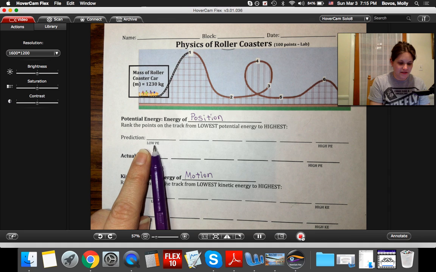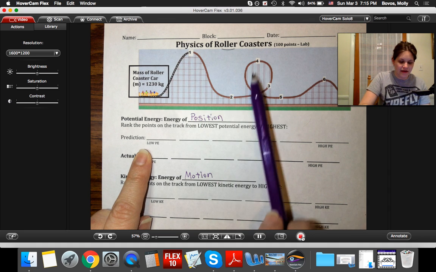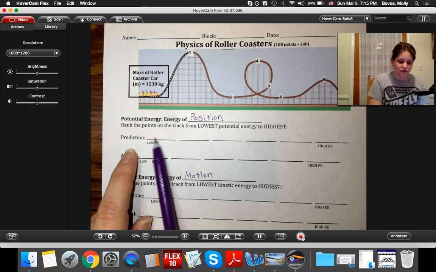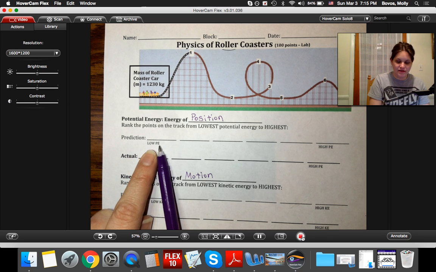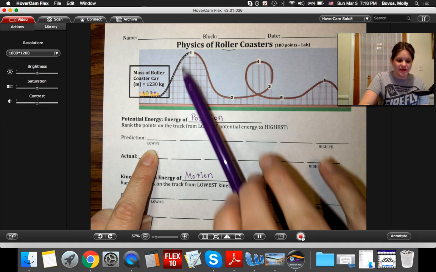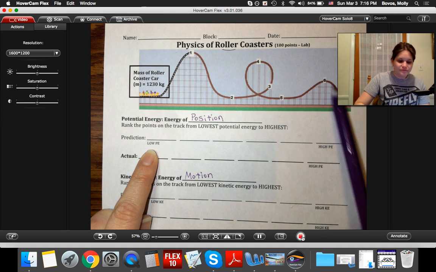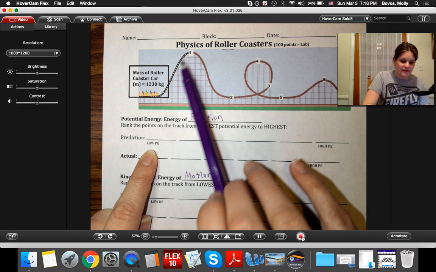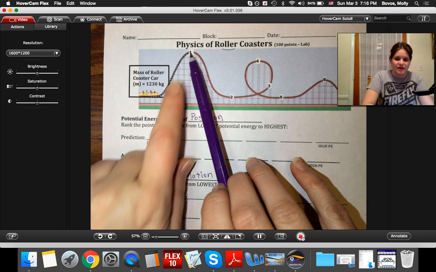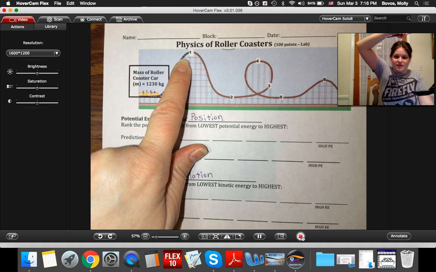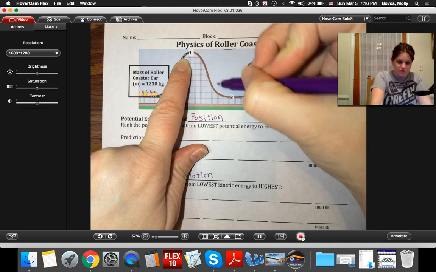First, you're going to predict where at each of these 6 points, where would the object have the lowest amount of potential energy and then the highest amount of potential energy as they go through. You can assume that they get to this very top point here, and this is that moment where you're just waiting to go over the edge, and then start diving down.